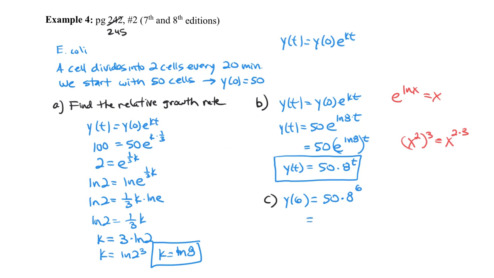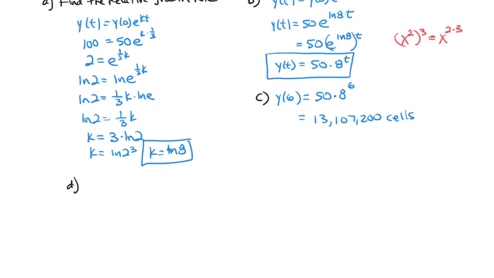And if you punch this in your calculator, you will get 13,107,200. So it's a little bit scary to think about, but we can see that after 6 hours, we have over 13 million cells.